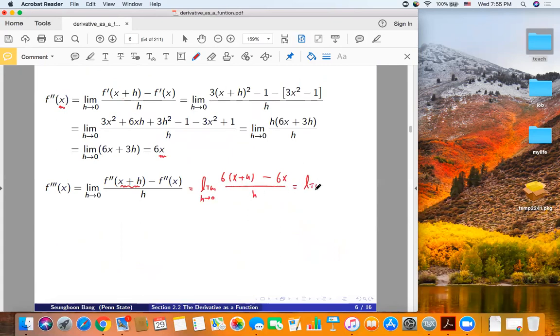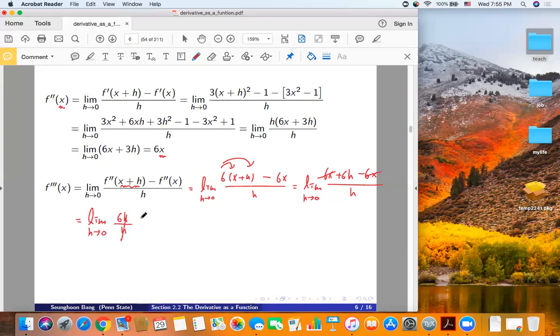Distribute 6: 6x plus 6h minus 6x over h. The 6x is cancelled. We have the limit as h approaches 0 of 6h over h.